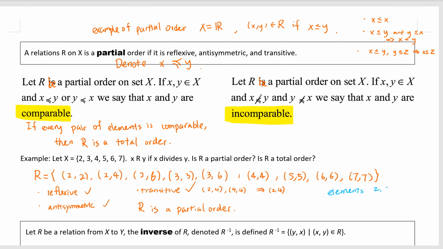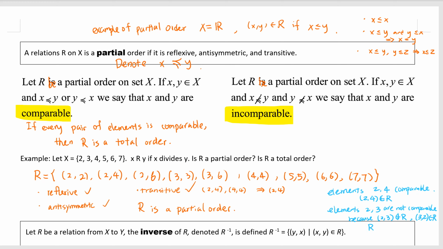The elements 2 and 4 are comparable, right? Because (2, 4) is in R. However, the elements 2 and 3 are not comparable, because (2, 3) is not in R and (3, 2) is not in R. So 2 does not divide 3 and 3 does not divide 2.